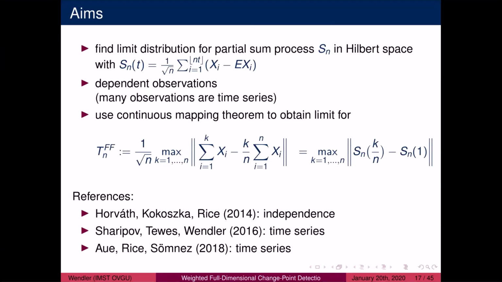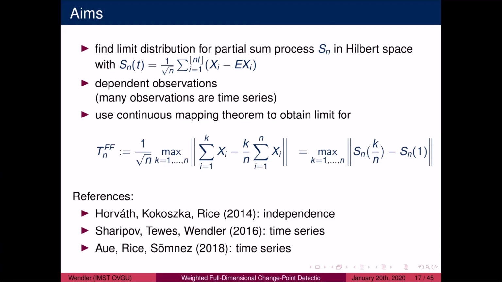If we don't have a time order of our observations, then it doesn't make sense to say before the change you have this distribution, after the change you have that distribution. And if you have time-ordered data, typically it can also come with dependence. And then, if we have this, we can use the continuous mapping theorem because our fully functional test statistic is a function of our partial sum process.